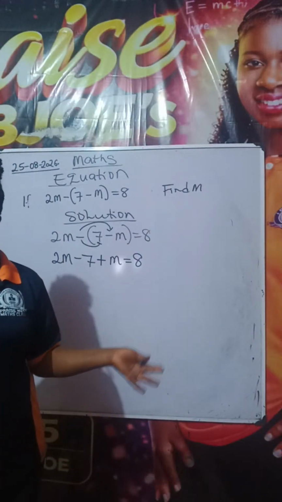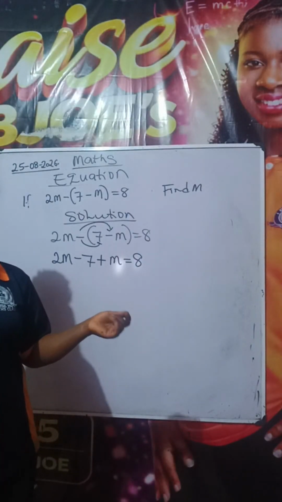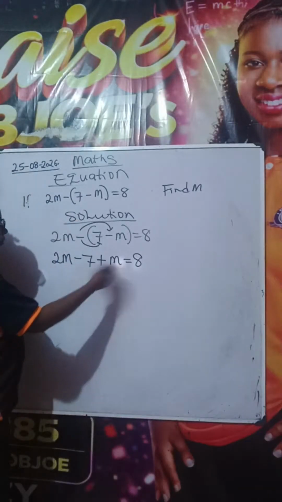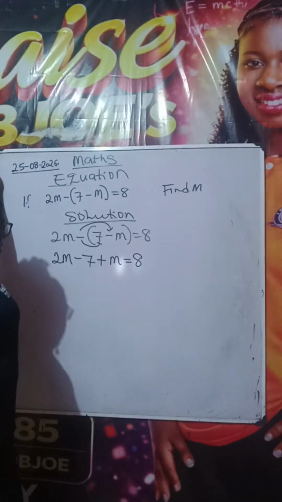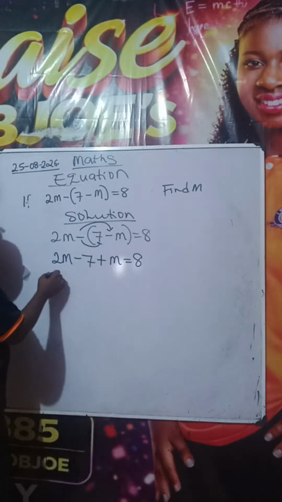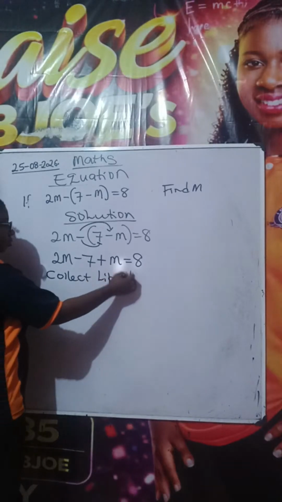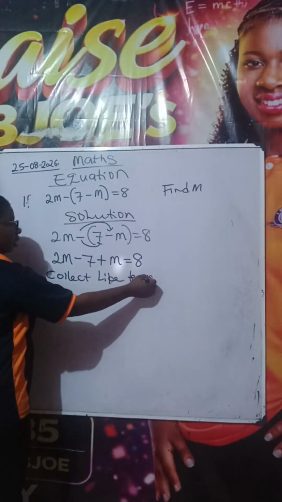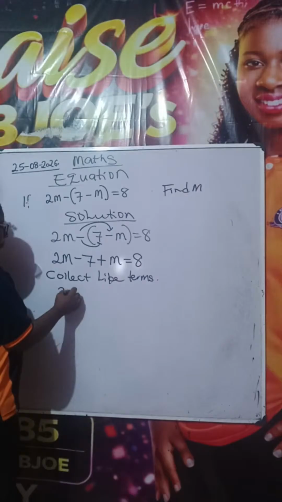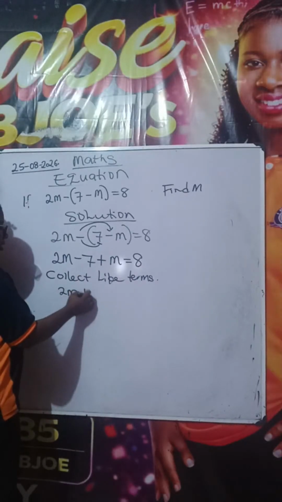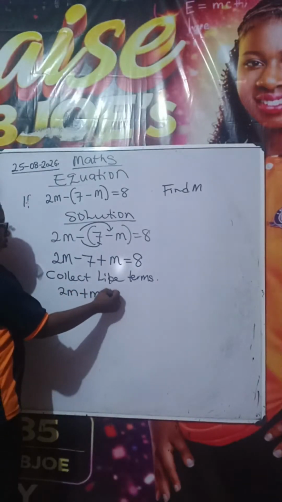Now, what do we do next? Next thing to do is look at it. We need to collect our items. Okay, so we say collect items. That will be 2m plus m equals to 8.